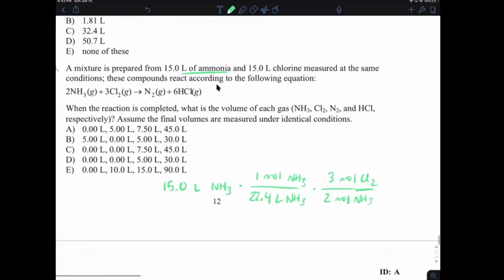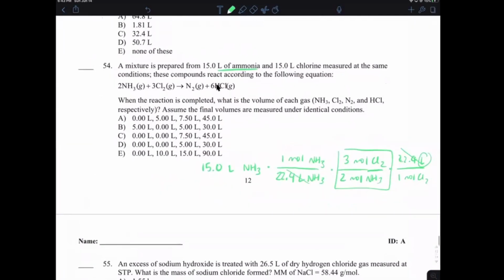But notice how in the end, we're going to end up multiplying by 22.4 again to get to liters. So we can just skip this step and just multiply by the molar ratio. That's what's pretty great about working with liters.